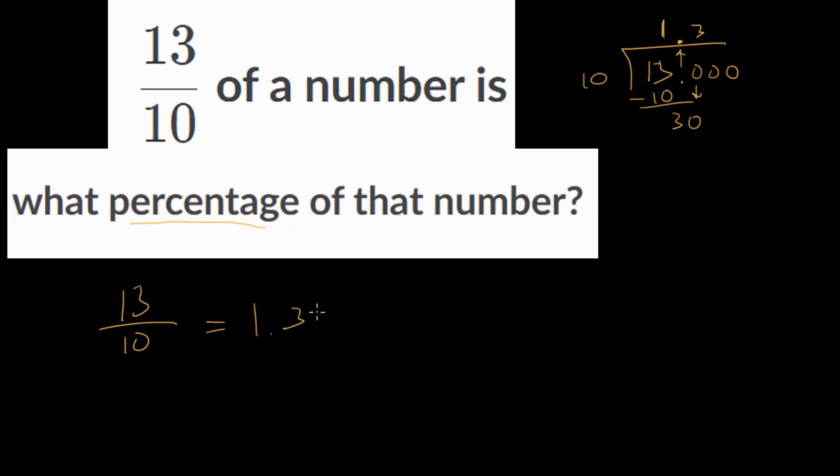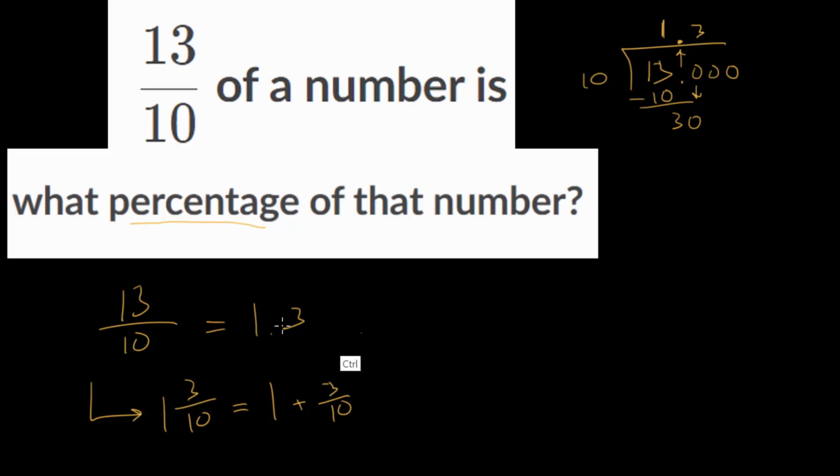Now, because this is divisible by 10, you could recognize that we really just have 13/10, or as a mixed number, we have 1, since 10 goes into 13 one whole time, and 3/10. And this is really 1 plus 3/10, if you want to think about it that way. And 3/10, well, that's just a 3 in the tenths place.